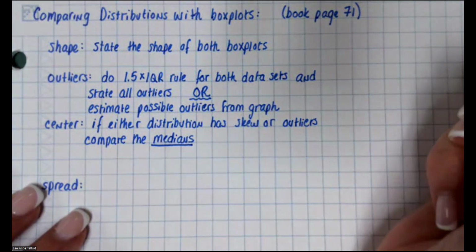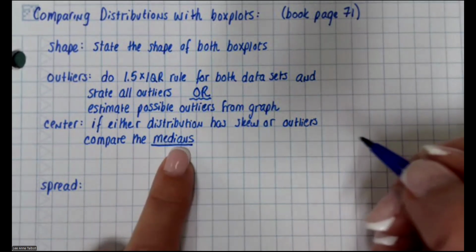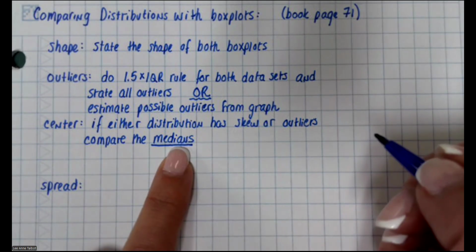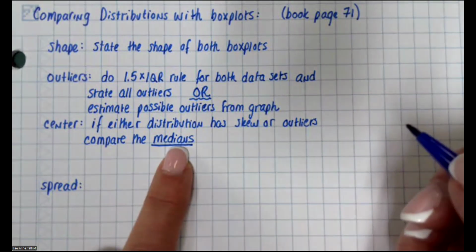Even if one of them is symmetric and the other one is skewed, you have to compare the same statistic either way, so it defaults to median. Any skew or outliers involved with any of the graphs or data sets, you go to median.